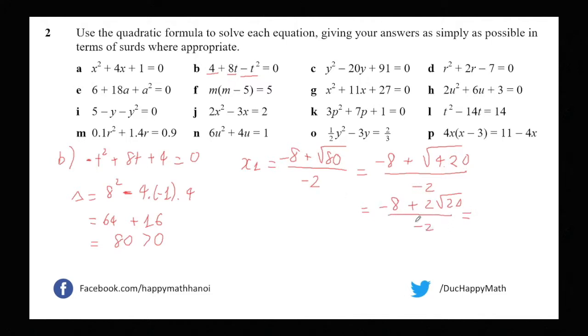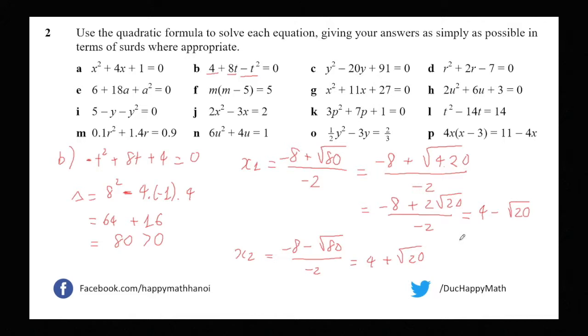And then you divide all of them by minus 2, which means this is 4 and this is minus square root of 20. So very easy to find x2, and this one has to be the final result: 4 plus square root of 20.